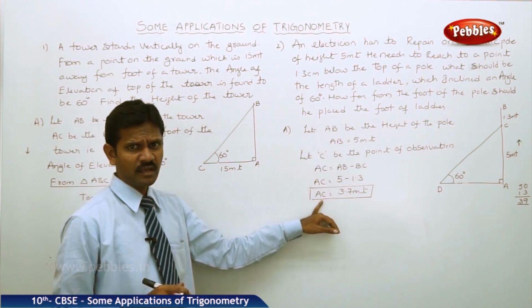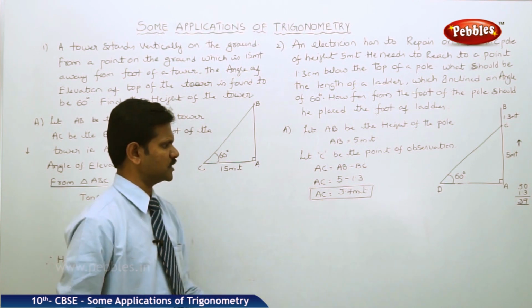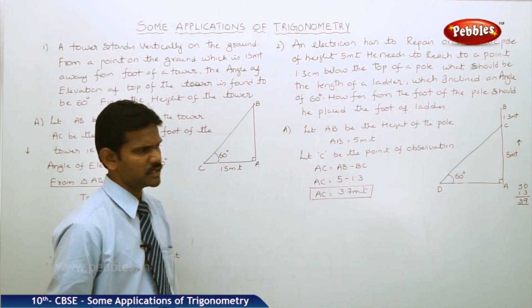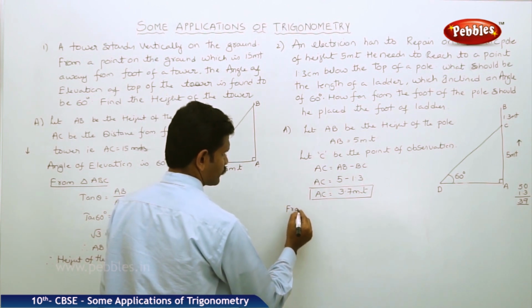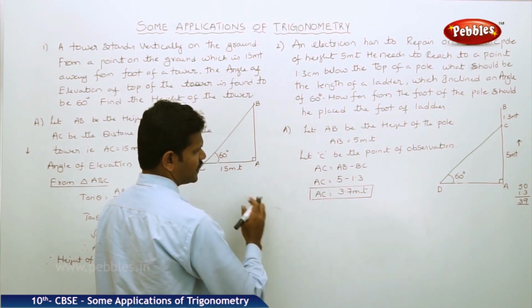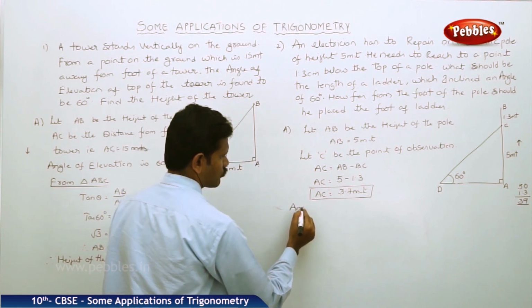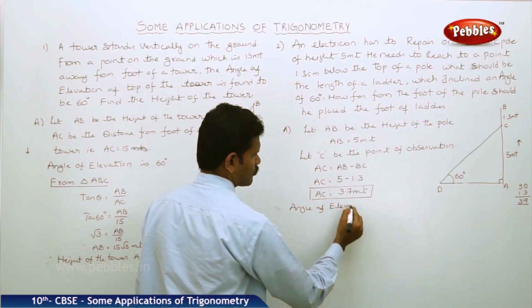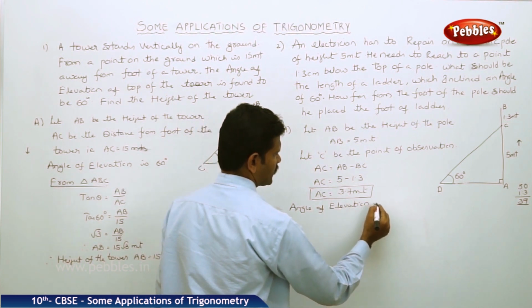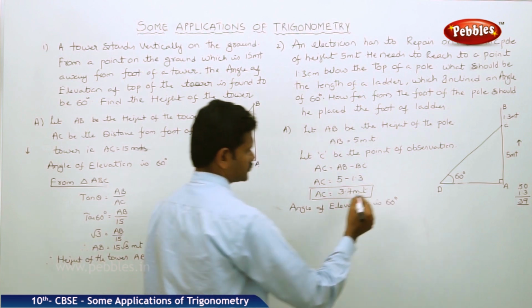Height of the pole is 5 meters. Now AC is the height of the part of the pole, that is 3.7 meters. Now let us consider the angle of elevation, which is 60 degrees.